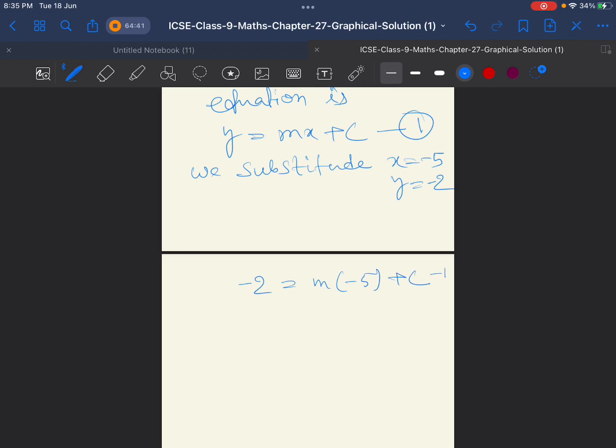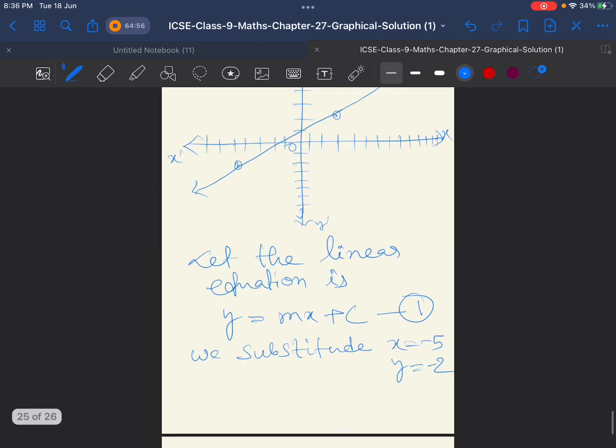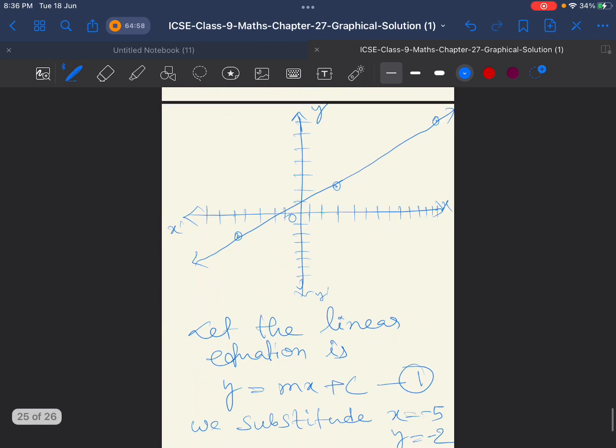So we substitute the value of y: minus 2 equals m times minus 5 plus c, or minus 2 equals minus 5m plus c.